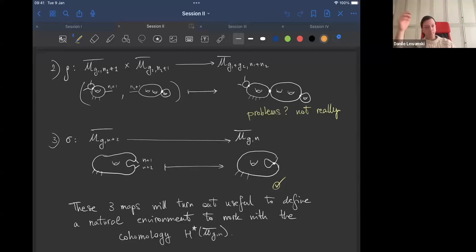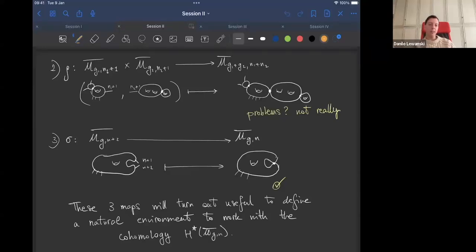So I just take something that had genus G1 as a genus and G2 as a genus of the second component. And when I glue them, I will have that the genus of the glued locus of curves is just the sum of the genera.